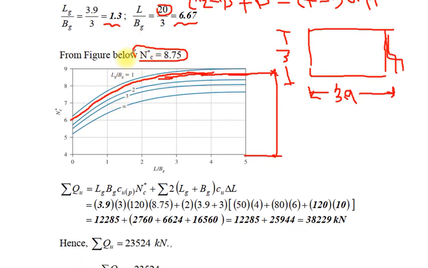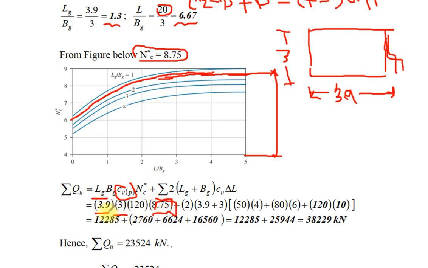Now substitute the bearing capacity factor in this equation. LG is the length of the group of piles, 3.9, BG equal to 3, and undrained cohesion with respect to point resistance equal to 120, multiplied by 8.75, the bearing capacity factor.